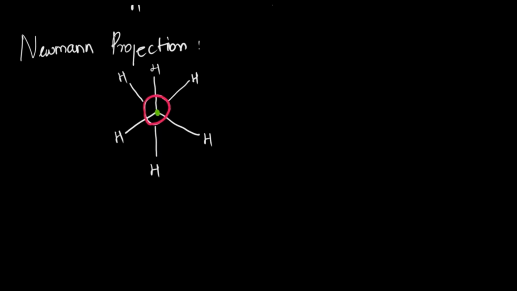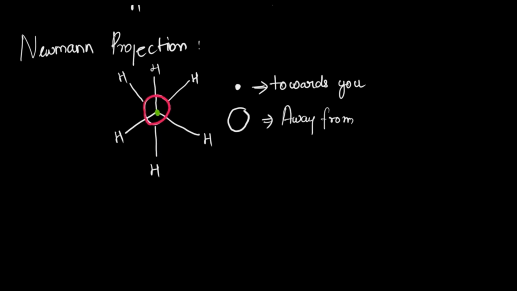Okay, it's towards you. The dot is towards you. And the circle represents away from you. Behind the plane is away from you. That is the rear carbon. Okay, so that is Newman projection.